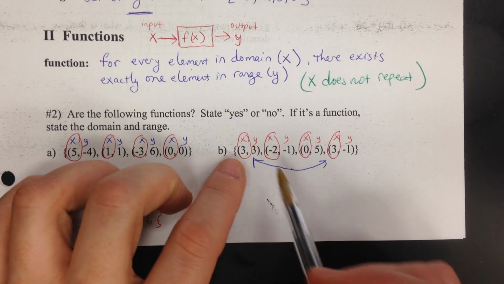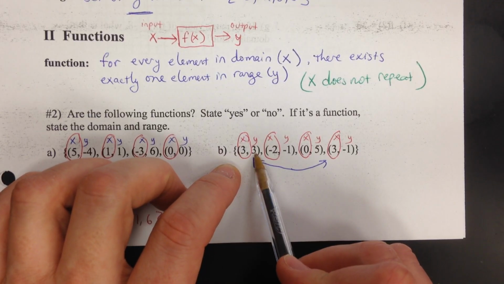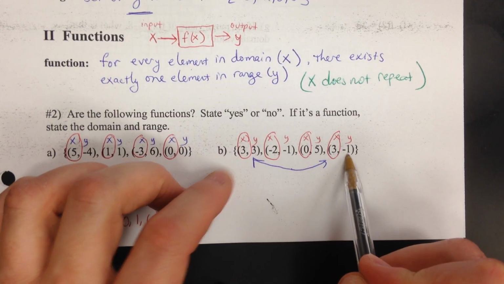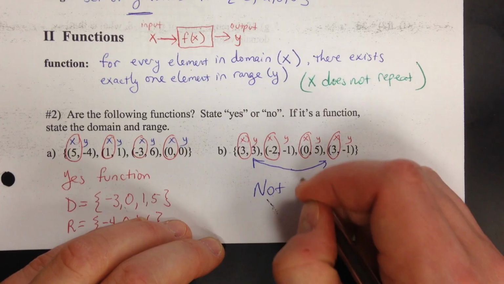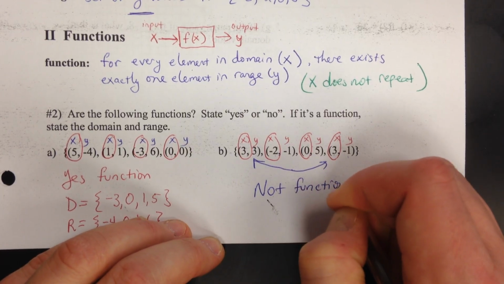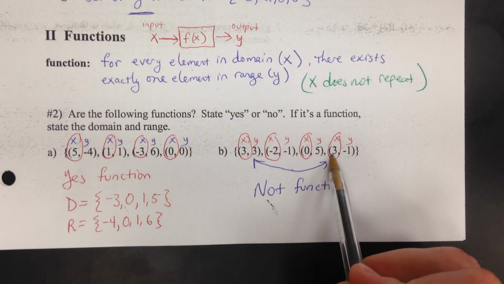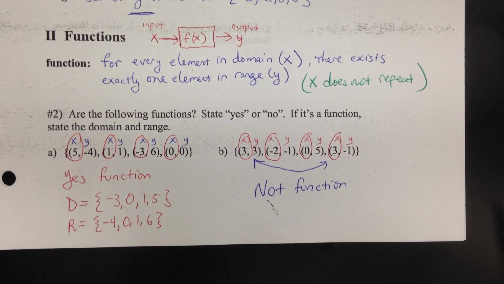So what happens is one time I plug in a 3 and I get out a 3 for the y. But the next time I plug in a 3 and I get a totally different value. That is not a function. So we would say no, or you say not a function, because the x does repeat. The y values are allowed to repeat, but x is not allowed to.